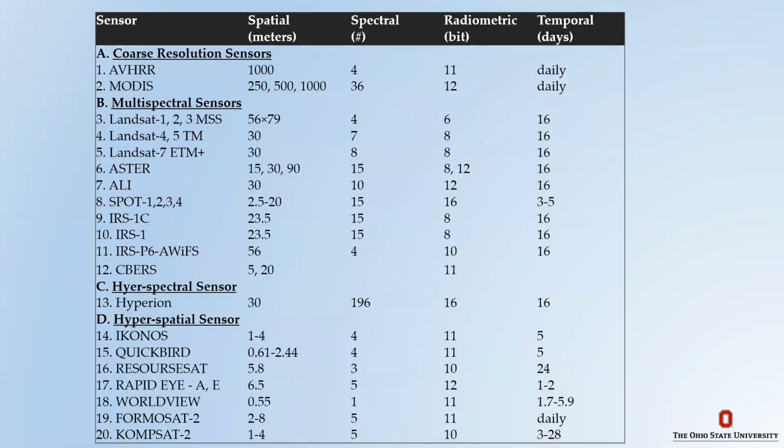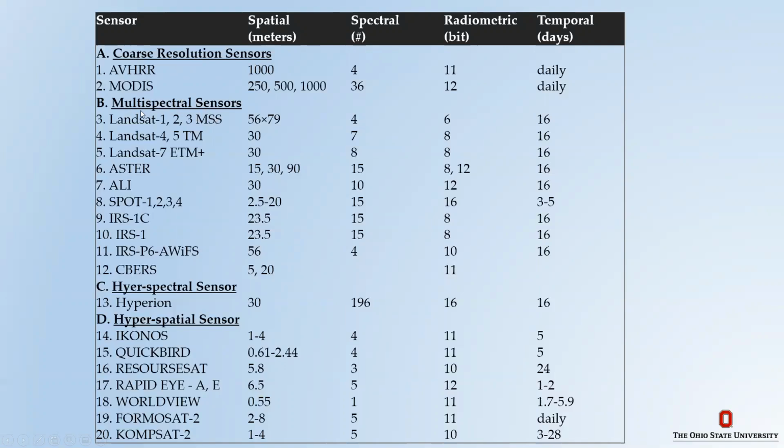Okay, here is a list of most famous sensors around the world with different spectral, spatial, radiometric, and temporal resolutions. We have coarse resolution sensors. Here, coarse resolution refers to coarse spatial resolution. Multispectral sensors.